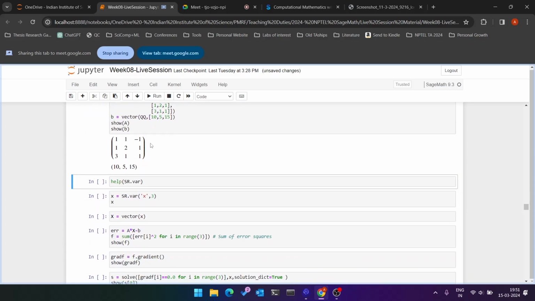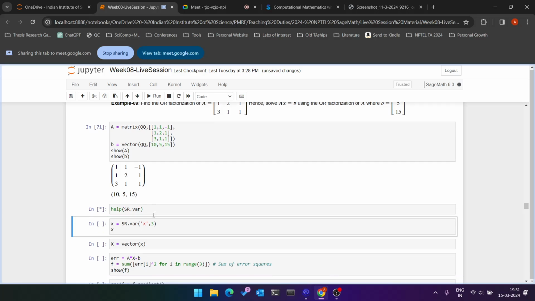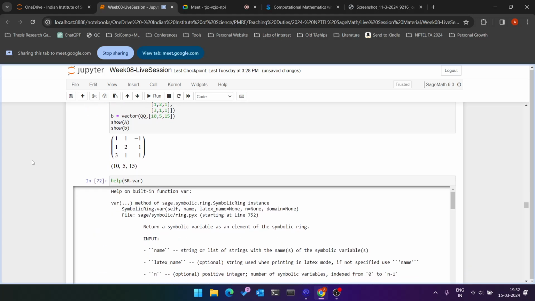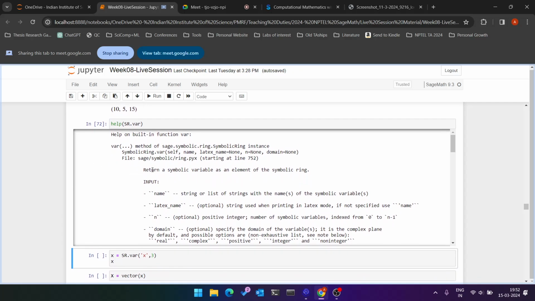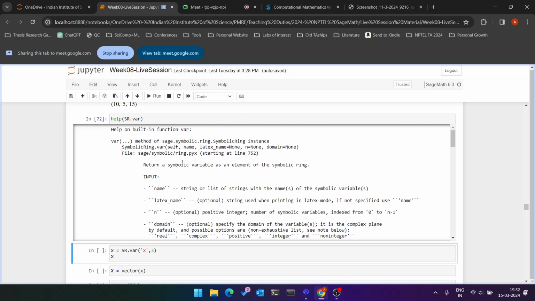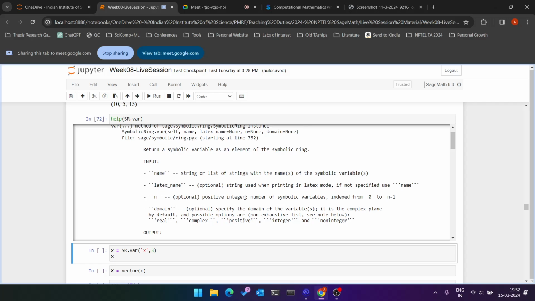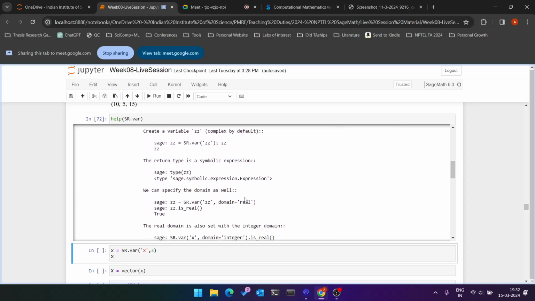Next we'll be using a symbolic ring variable. So just to see how the help on that looks like. It takes a name as well as the number of variables, going from 0 to n minus 1, and it outputs a tuple of variables.